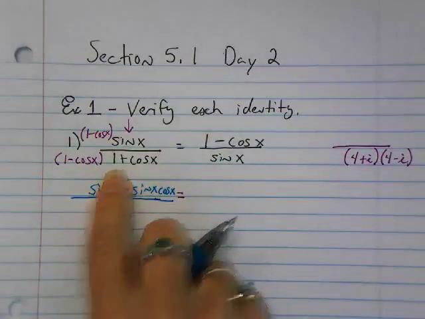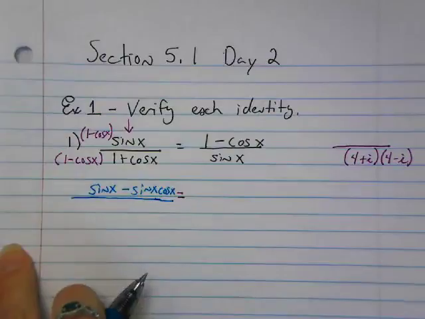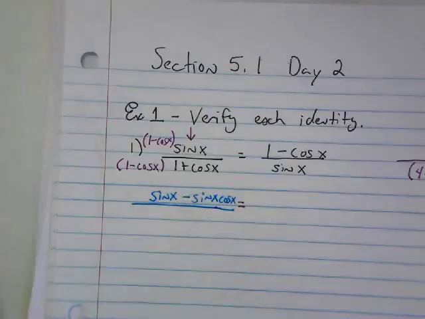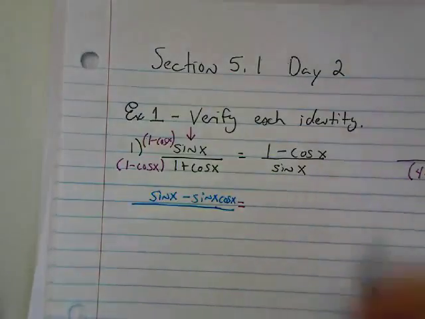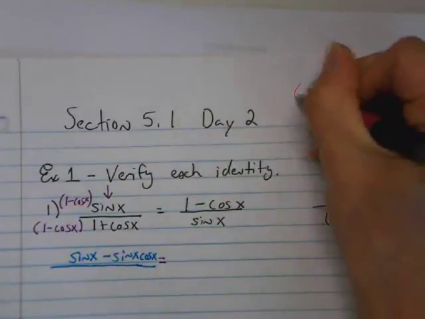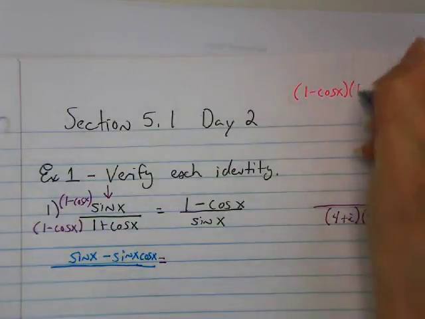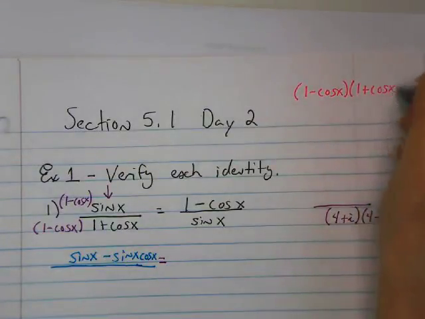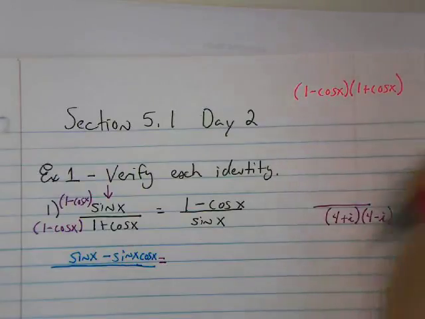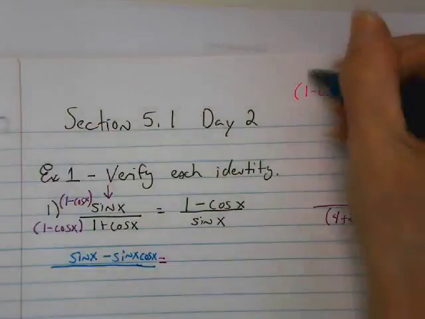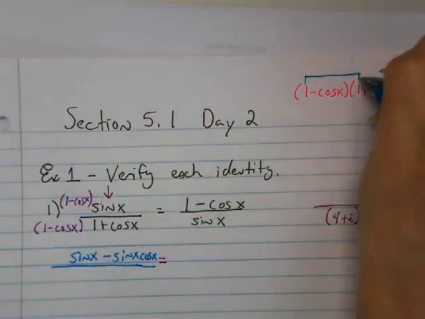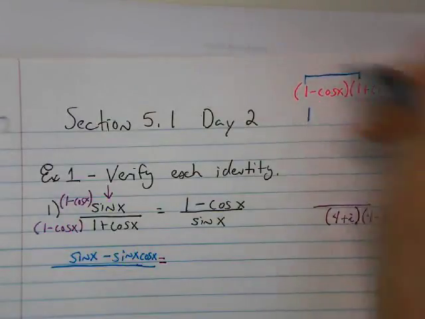What I recommend you do is come over and do a sidebar to handle that math. My sidebar doesn't have a lot of room, so I'm going to actually come up here to the top. I want to do 1 minus the cosine of x times 1 plus the cosine of x. I'm going to go ahead and FOIL. 1 times 1 is 1.